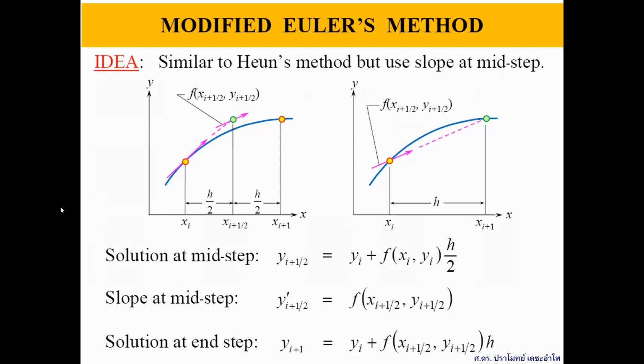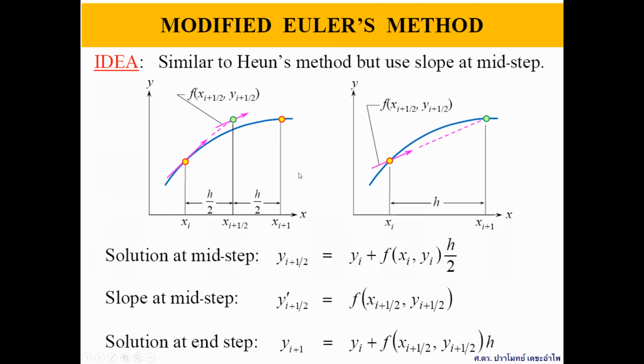The concept is the same as Heun's method. From Heun's method, we know that with the Euler, we use the initial slope to predict the end slope, and after that we determine the end slope and approximate the next step value by using the average slope instead of only the initial slope.